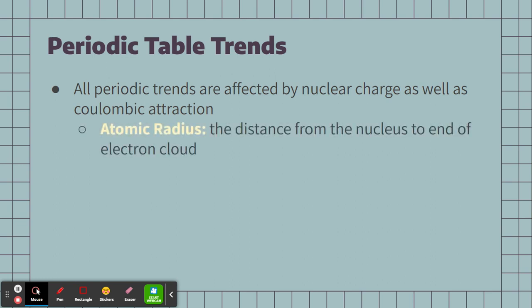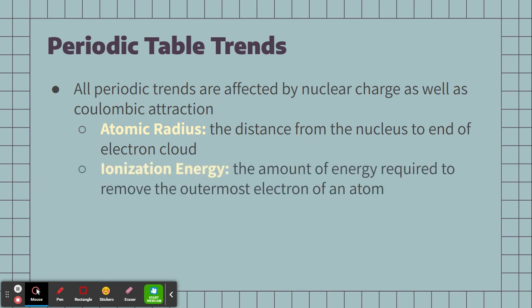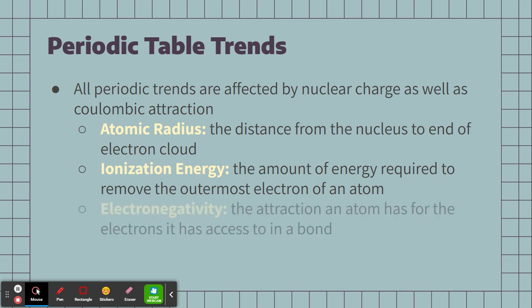As we've already established, atomic radius is the distance from the nucleus to the end of the atom's electron cloud. Ionization energy refers to the amount of energy required to remove the outermost valence electron from an atom. Electronegativity is the attraction an atom has for the electrons it has access to in a bond.